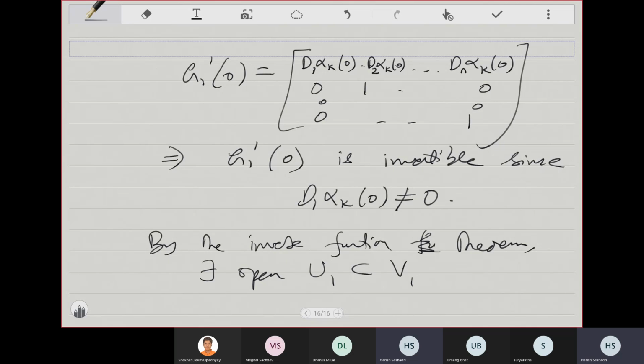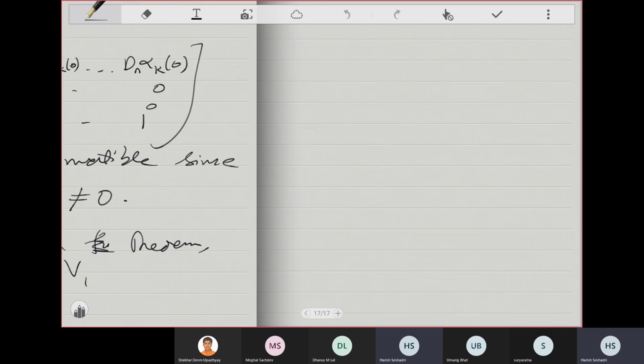V1 I had just taken to be the original open set E. By the way, Rudin doesn't do this first step. He just jumps to the mth step. I thought I'll do this just to clarify things, but obviously I won't have time to do the general step as well. But if you understand this, you'll immediately understand the general step.